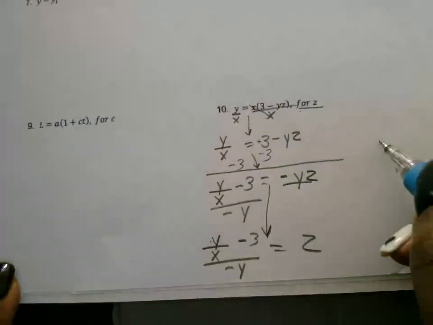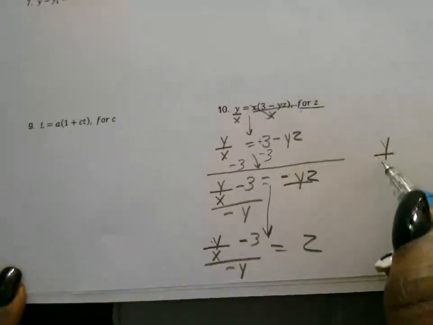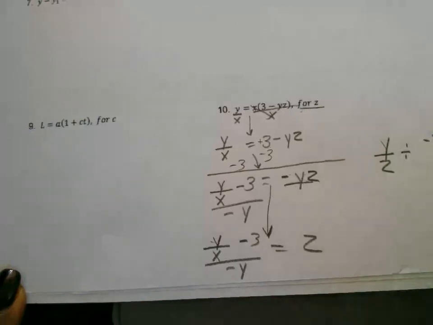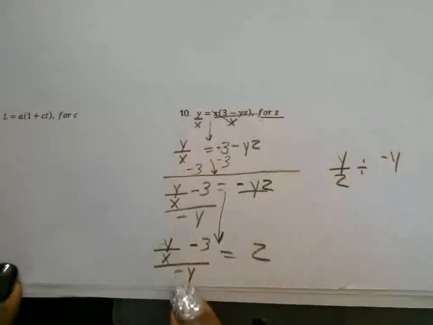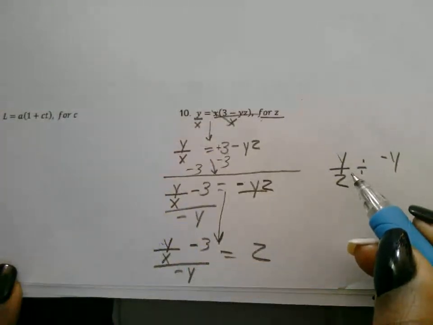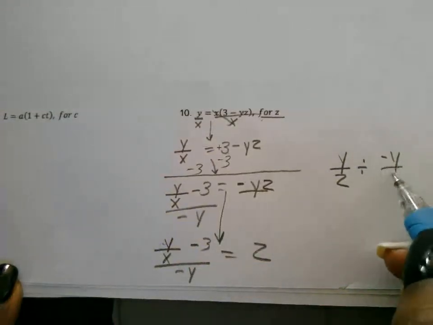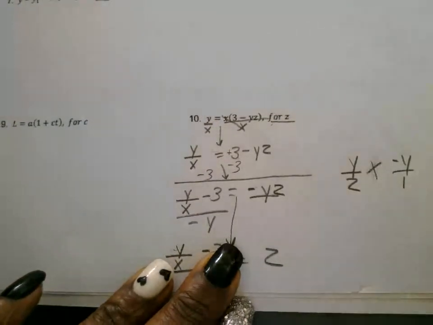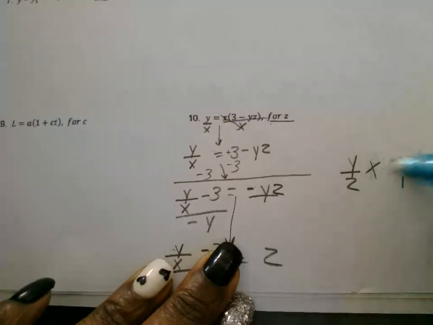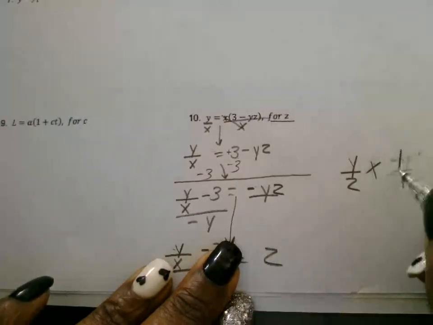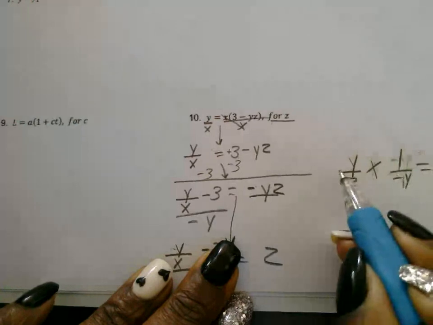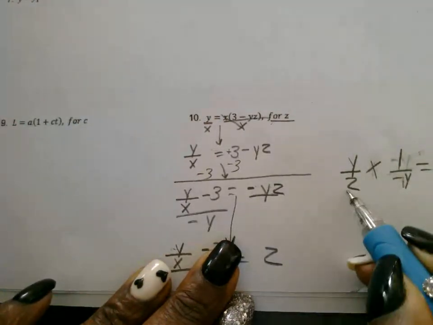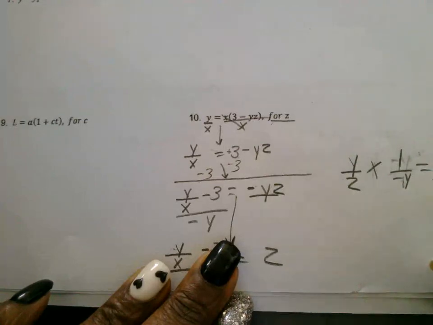If I divide y divided by a negative y, I'm going to do this out to the side and just do this separately. Multiply by the reciprocal. Change this to multiplication, and then the reciprocal of this goes on the bottom. So this is 1 over a negative y. When you multiply straight across, this gives you y on the top and negative yz on the bottom.